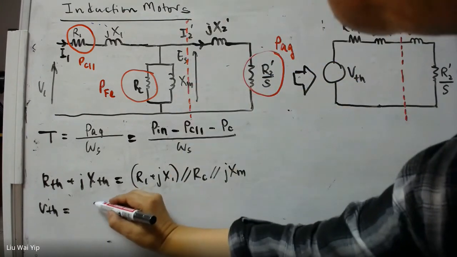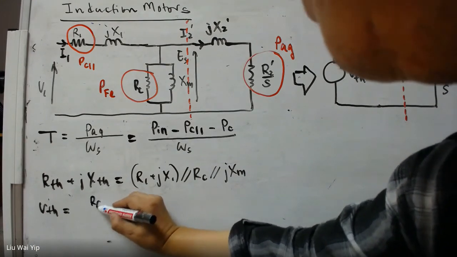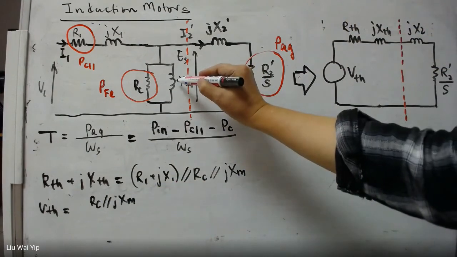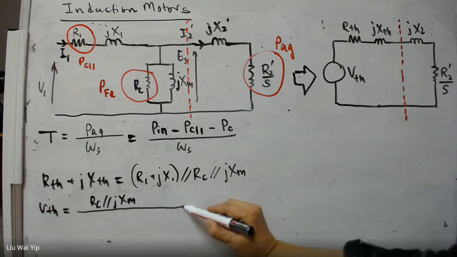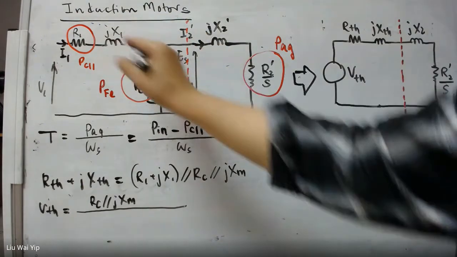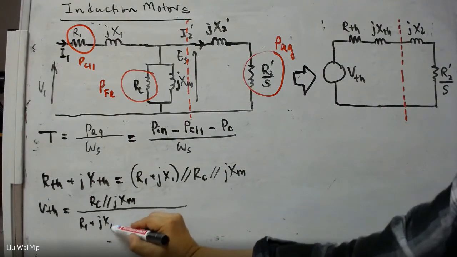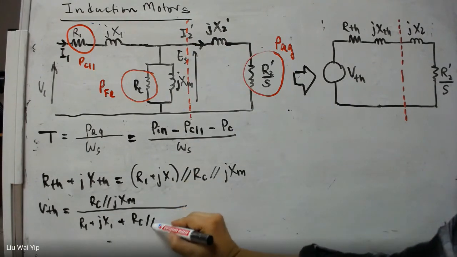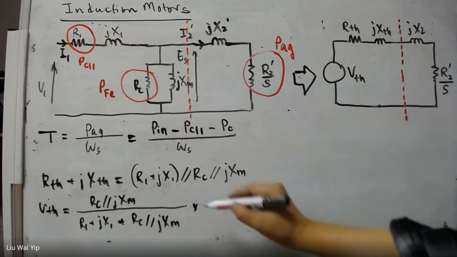So it's going to be RC, we put a j here as well, and then the bottom one plus, and then times the voltage one.